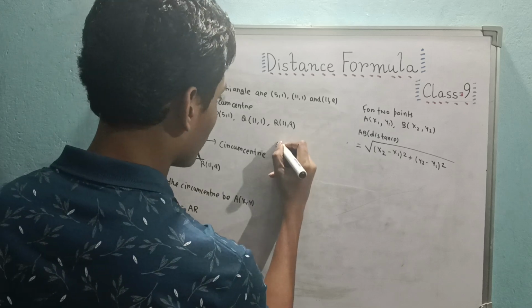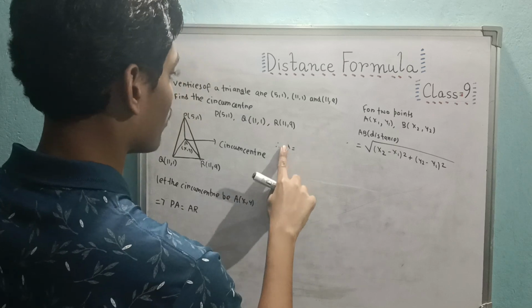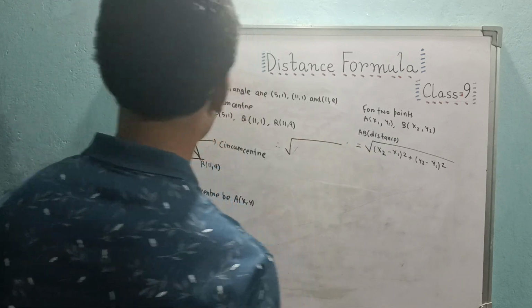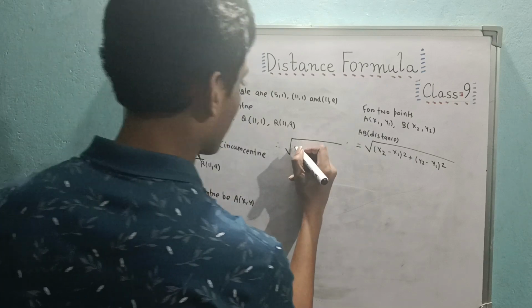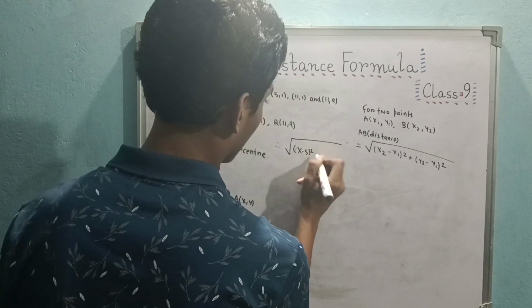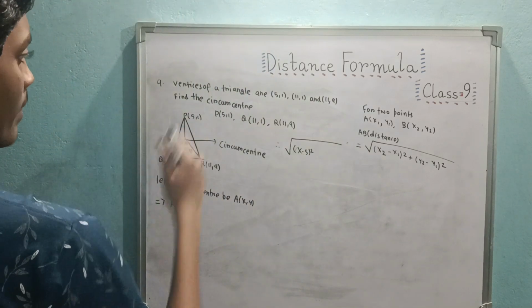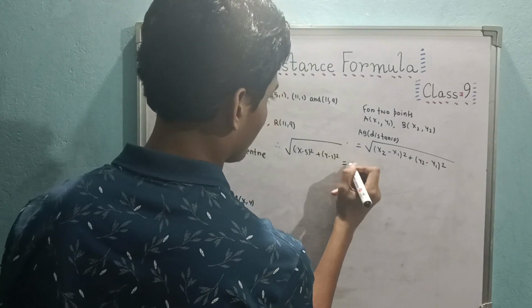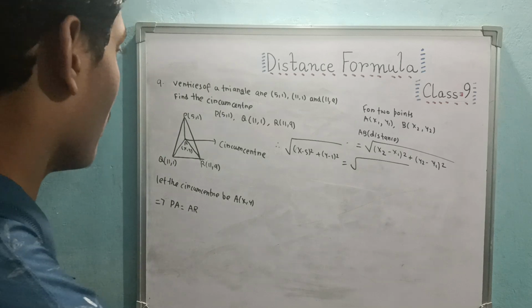So here, therefore, PA is what? PA's distance formula, what will it be? Suppose x1, y1, x2, y2. So root of (x minus 5) whole square plus (y minus 1) whole square, y2 minus y1, equal to root of AR.